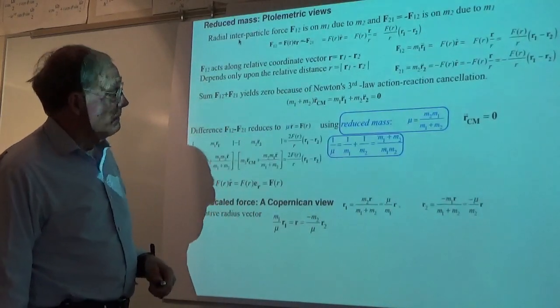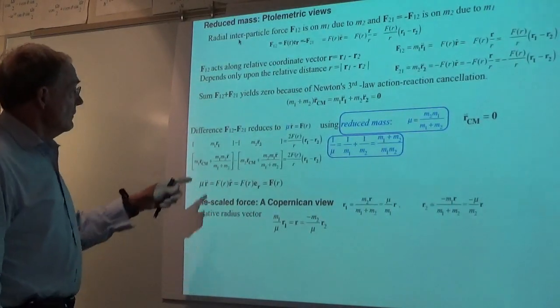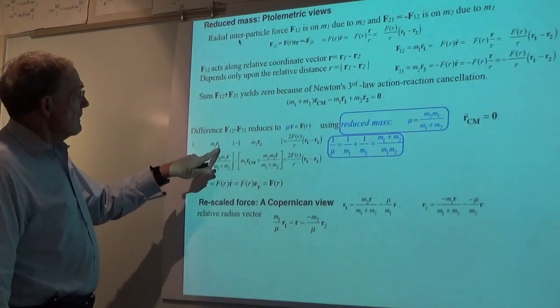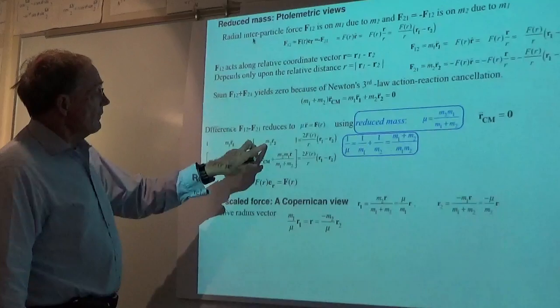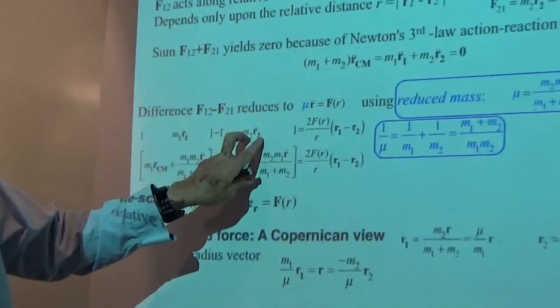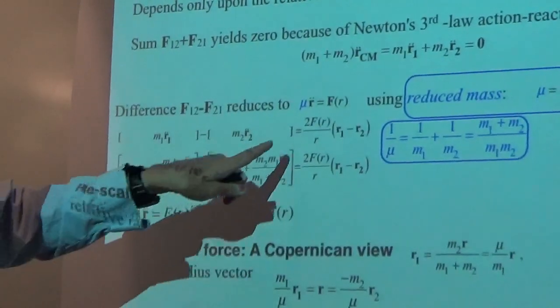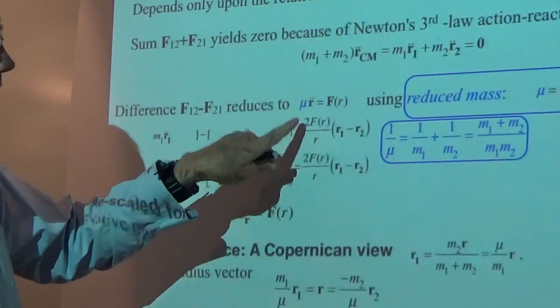So basically what we're going to do is have mass 1 times the R1 acceleration minus mass 2 times the R2 acceleration equal to some kind of force law.